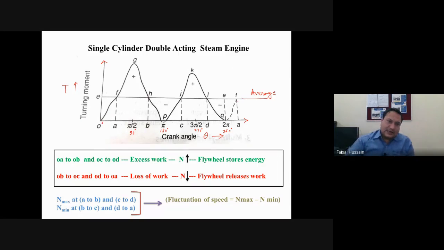Now let us start. See, in the first half, from position OA to position OB, or between 0 degree and 180 degree, you will see that this is the actual position A, F. This is the actual position.